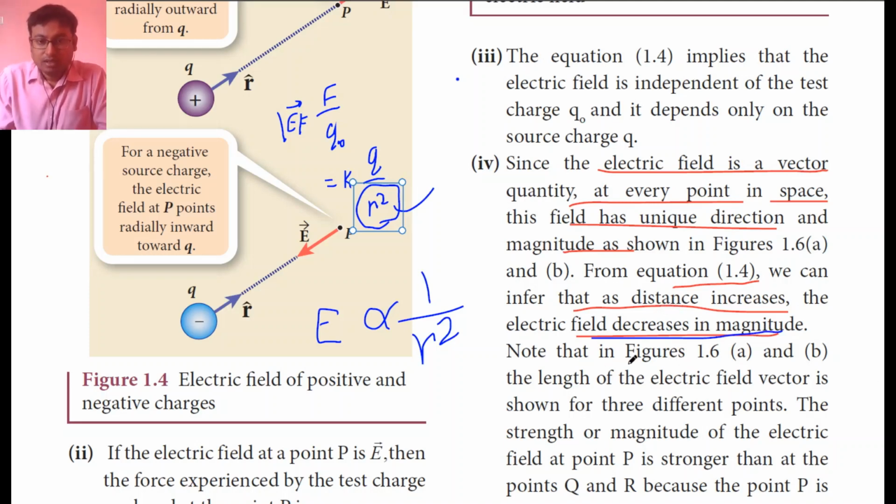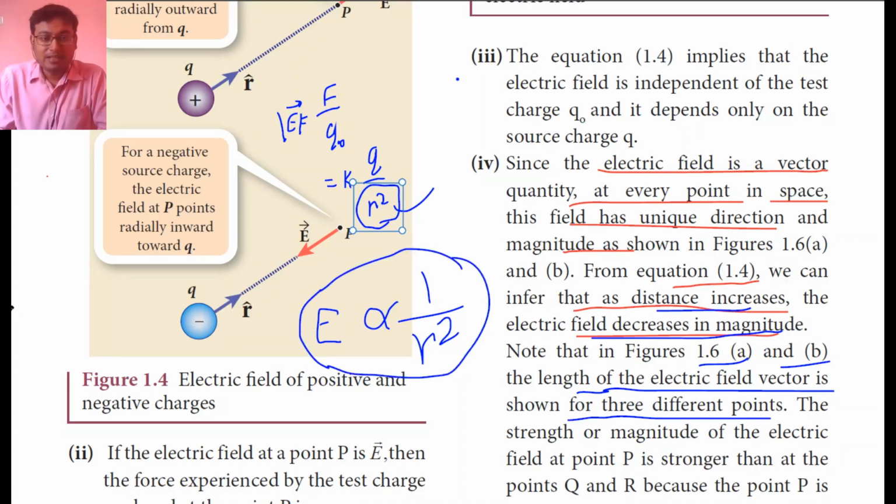Now we will see figure 1.6a and 1.6b, where the length of the electric field vector is shown for 3 different points. That is related to the magnitude. We have seen here that E is proportional to 1 by R square. That means if we have a charged particle, whether positive or negative, as we go away from the charged particle, the strength of the electric field will go on decreasing, and after some time it will become 0.